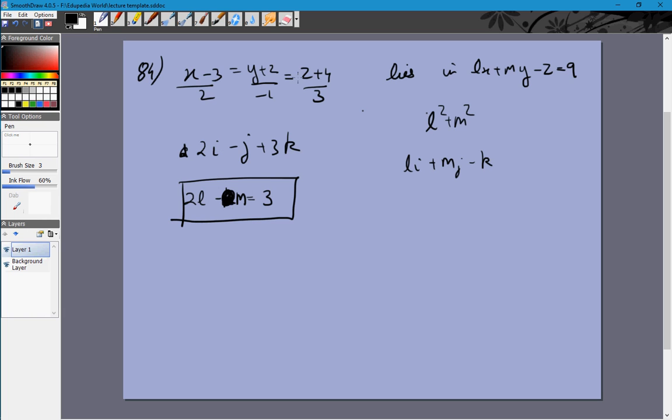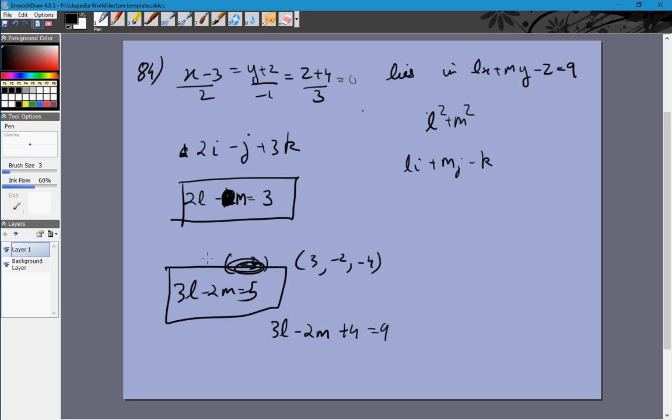Now if this line lies in the plane, then every point on this line lies in the plane. So we can just take any random point. If we take each ratio equal to 0, then the point we get is (3, minus 2, minus 4), and this point also has to lie on the plane, which means 3l minus 2m plus 4 is equal to 9, which gives me 3l minus 2m is equal to 5.